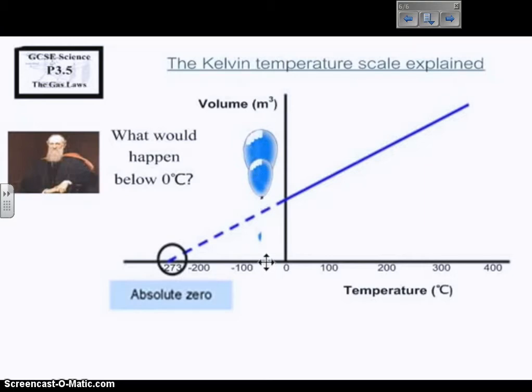And what happens when you cross this axis? You get into minus volume. That doesn't make any sense. That makes my head sore. Yeah, an inside out inverted balloon. And then there wouldn't even be balloons, it would be everything. Liquids turning into... nah, it doesn't exist. As far as I know, it doesn't exist.